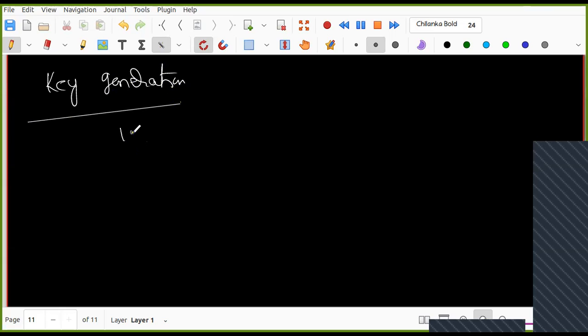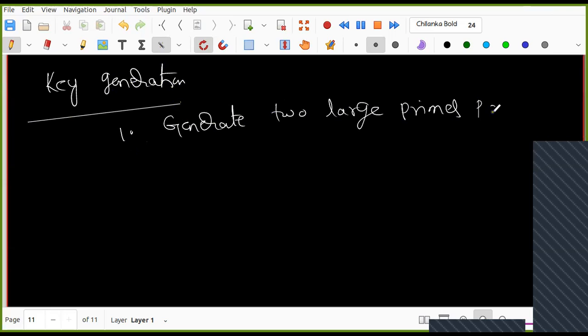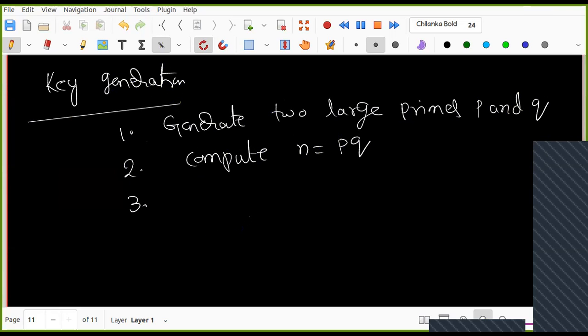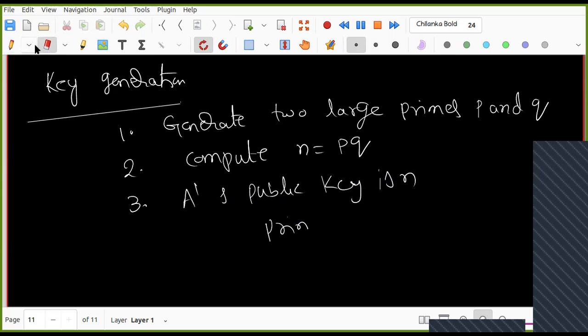Again, generate two large primes P and Q. Second point is that we compute, again the same, n equal to P into Q. Third, A's public key is n, and the private key is the pair P comma Q.